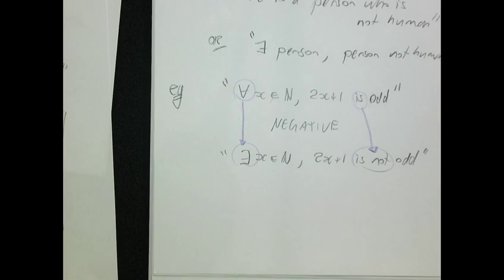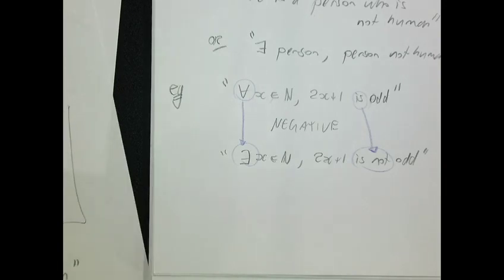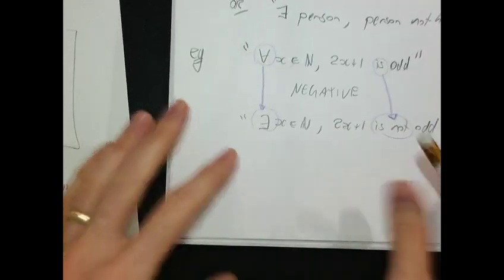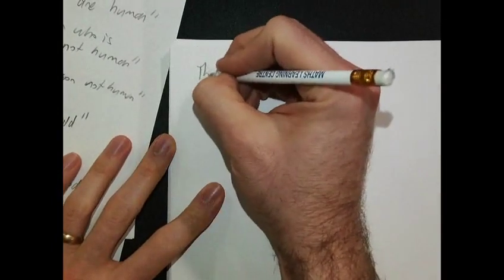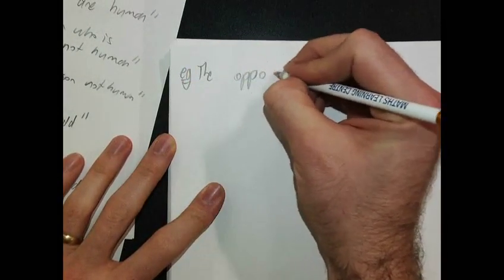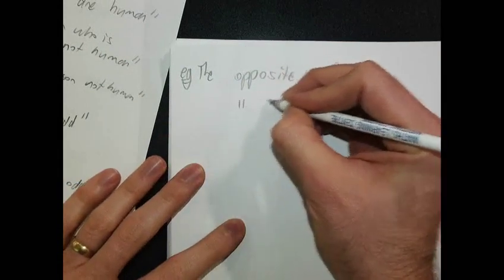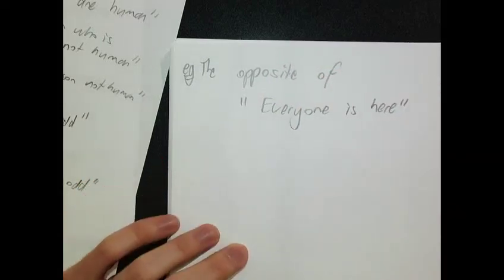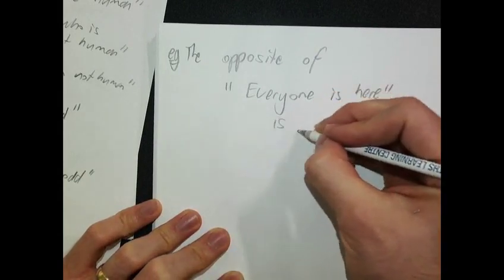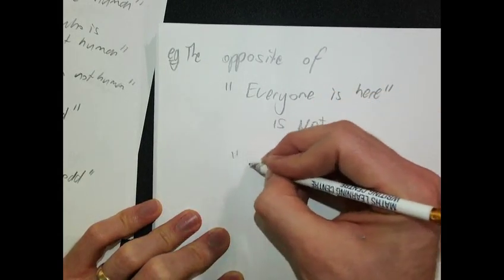But even in natural language, the important thing to realise is that the opposite of everyone is here is not no one is here.